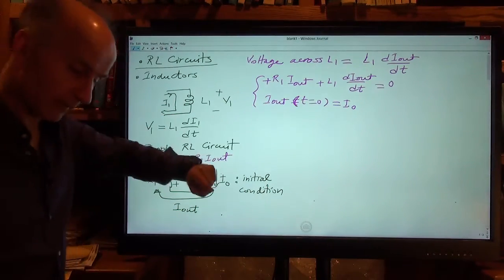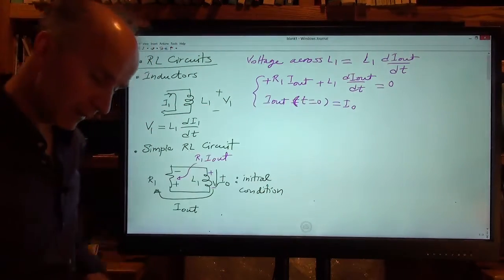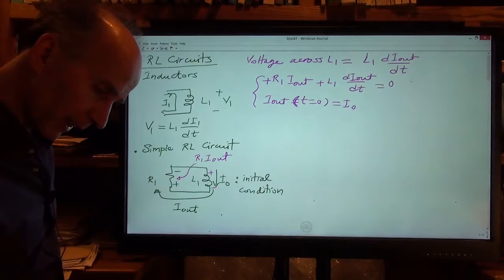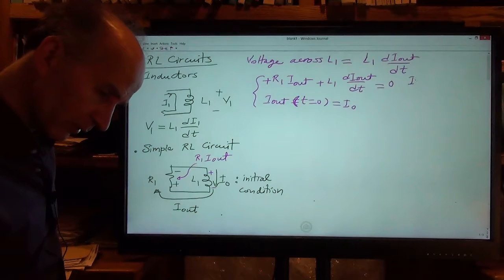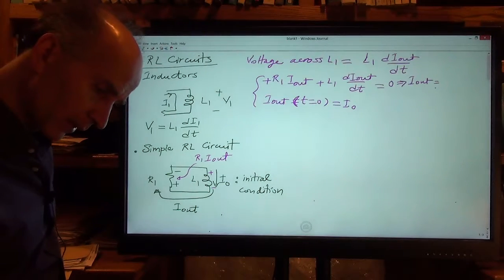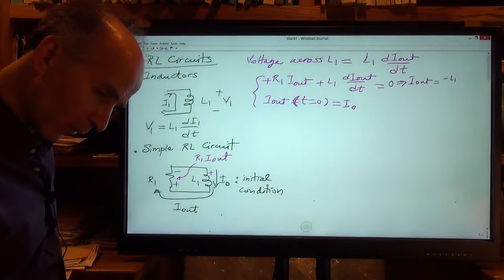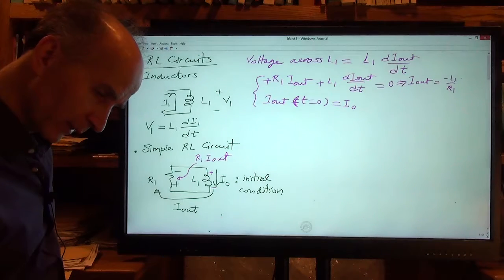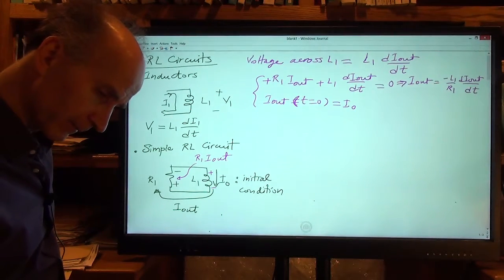I have to be careful here. So let me take this to the other side, and I'm going to write it like this. So we have I out is equal to minus L1 over R1 dI out over dt.